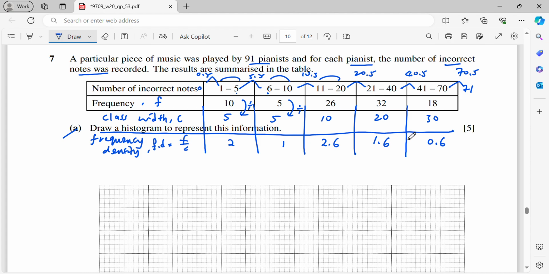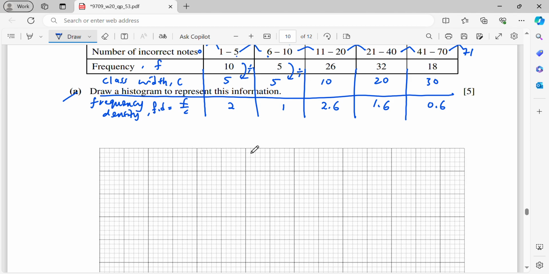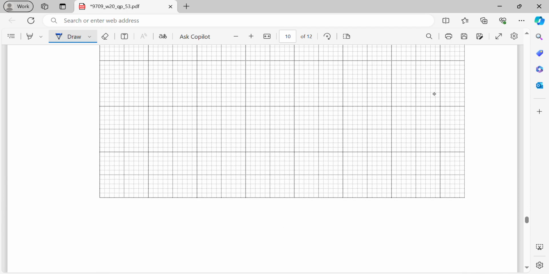Now here, the histogram needs the boundaries. Okay, so I will just write down my boundaries, 0.5, 5.5, and all this. So all this will be my boundaries. Right? So my vertical axis is up to 2.6. Therefore, okay, I will just draw like this.